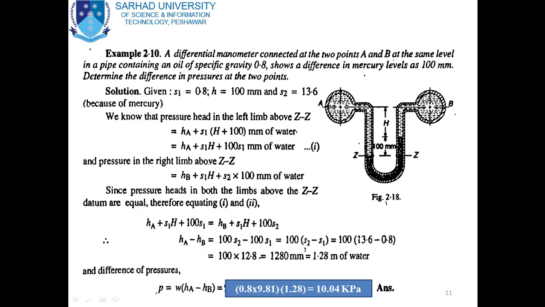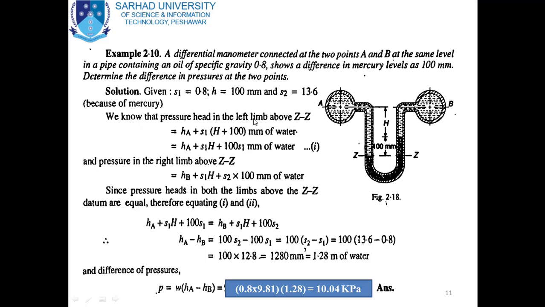First of all, we will write the given data. In given data we have S1 is equal to 0.8, which is the specific gravity of oil flowing in the pipe. H1 is equal to 100 mm, which is the height of mercury column, and S2 is equal to 13.6, which is the specific gravity of mercury.